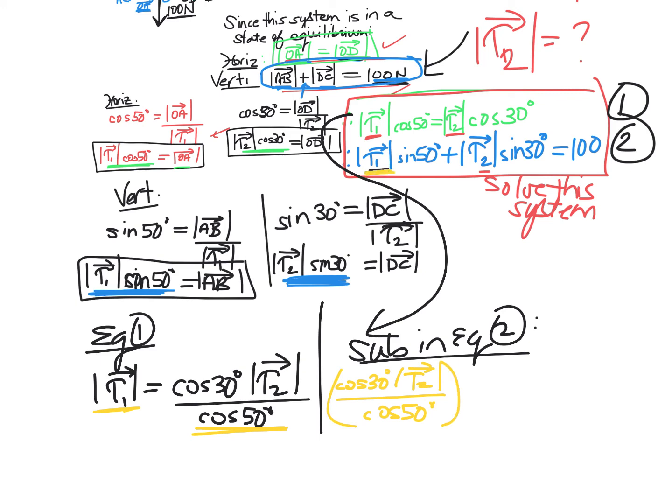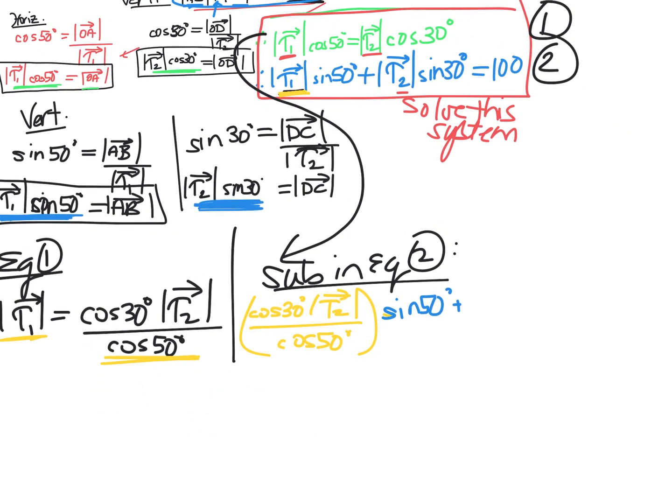Then I'm just going to copy the rest of the equation: times sine 50 degrees, plus the magnitude of tension 2 times sine 30 degrees equals 100. And see, what I have now is one equation, one unknown. So I just have to do some simplifying, collecting like terms, and then isolate T2.